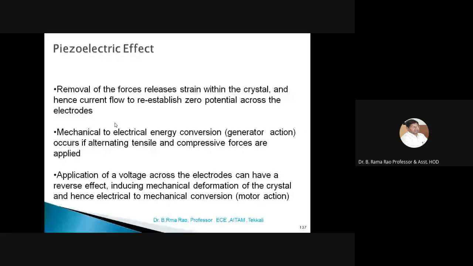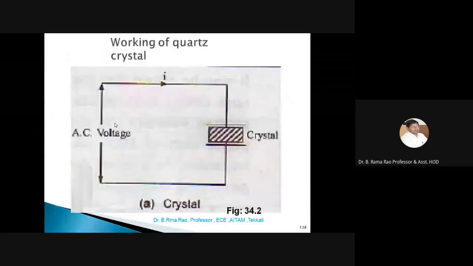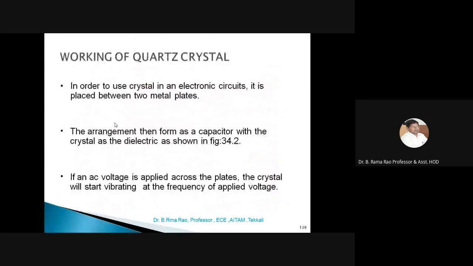Before working of the crystal, how are we going to construct a crystal? Why do we go for the crystal oscillator? In order to obtain a high degree of frequency stability.